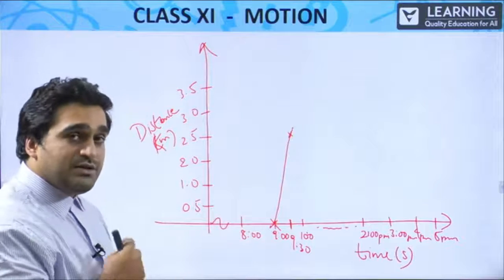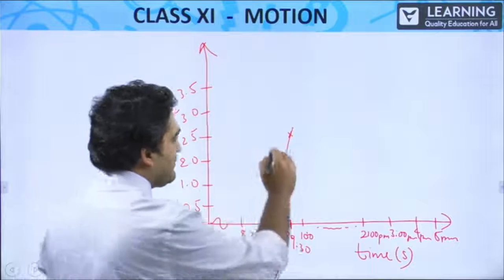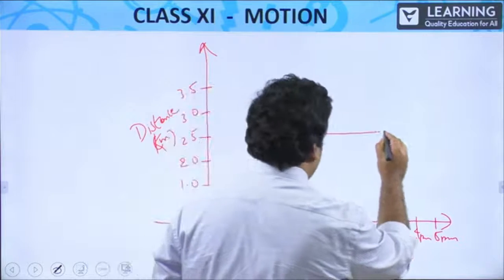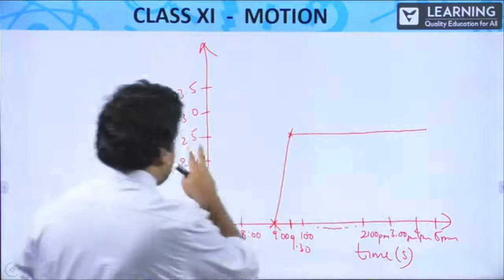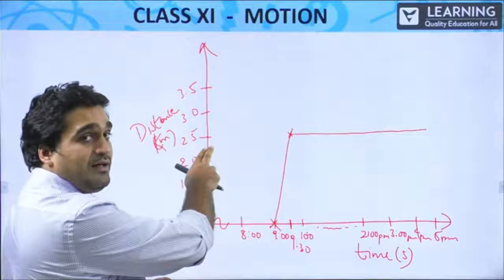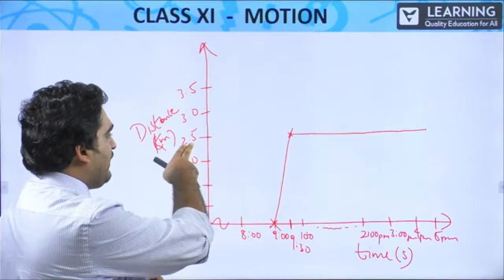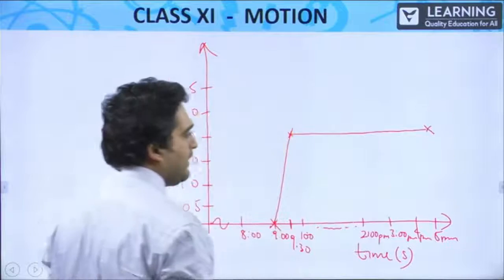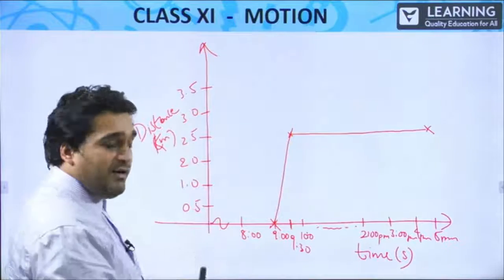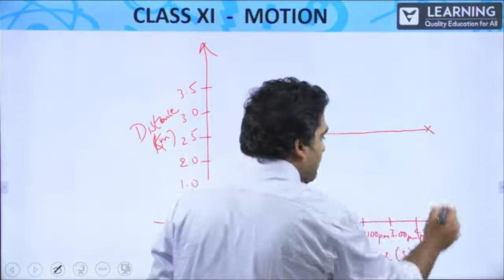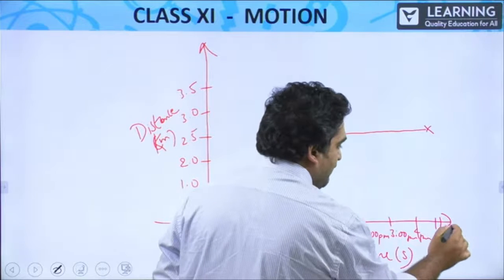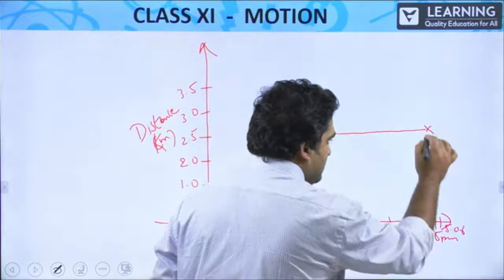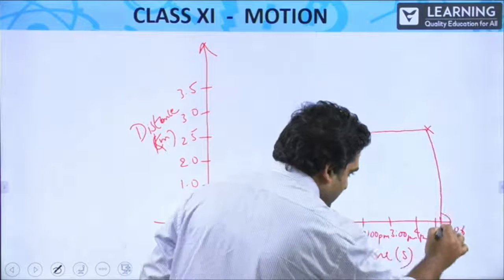And then what happens? She stays at the office until 5. So you see, she's not displacing at all. At 2.5 kilometer, she remains at the office. And then she returns back home. So by 5:06 she returns home.